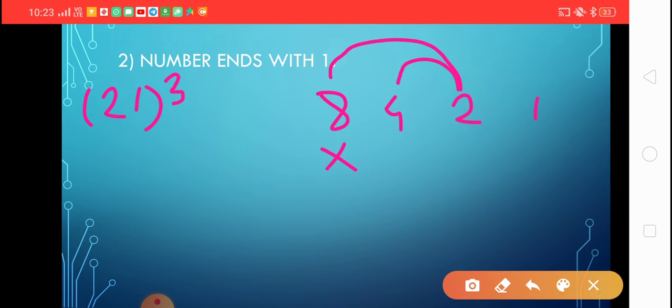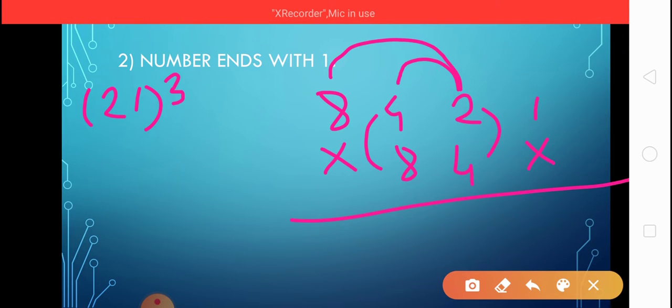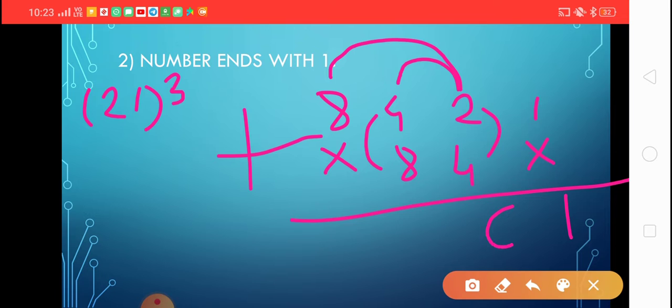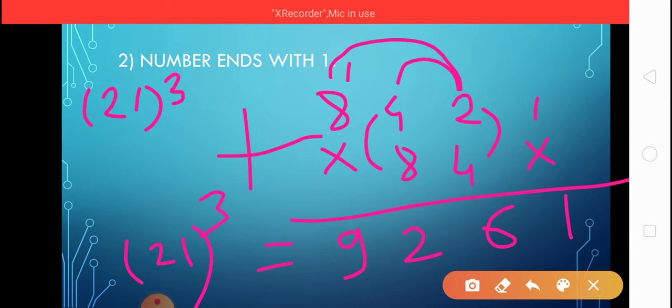Similarly, we exclude the first and last position. We make the double, that is 8 and 4 for the 2. Then we simply add these numbers, that is 1, 6, 12 carry 1, it becomes 9, and this is nothing but the cube of 21.